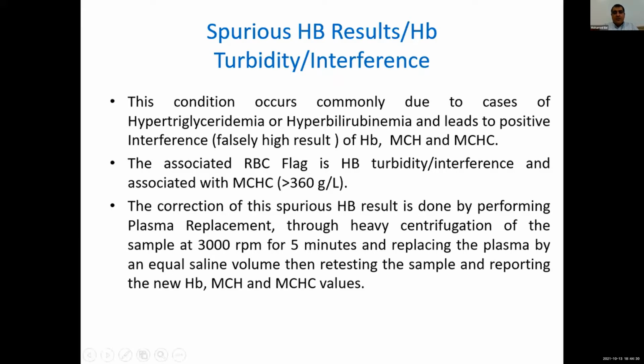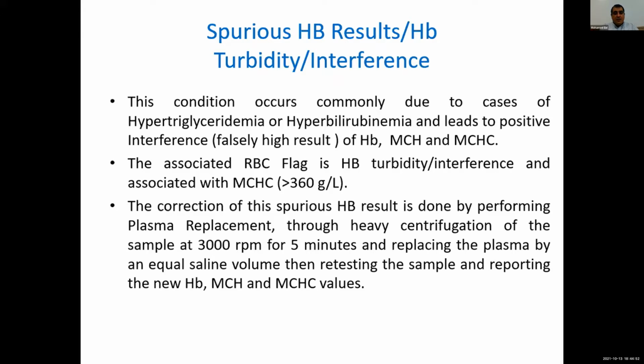As I said, this condition occurs due to hypertriglyceridemia or hyperbilirubinemia, and this condition will produce false interference with hemoglobin, leading to falsely high hemoglobin results, and the MCH and the MCHC indices will also increase.